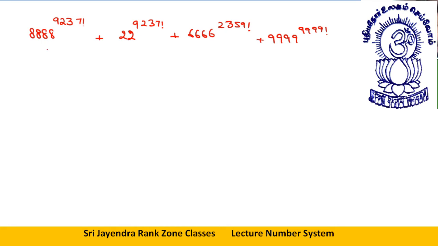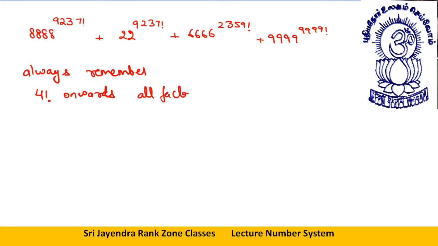Students, first of all, always remember a very important rule. 4 factorial onwards, all factorials are multiples of 4. What is 4 factorial? It is 4 into 3 into 2 into 1.